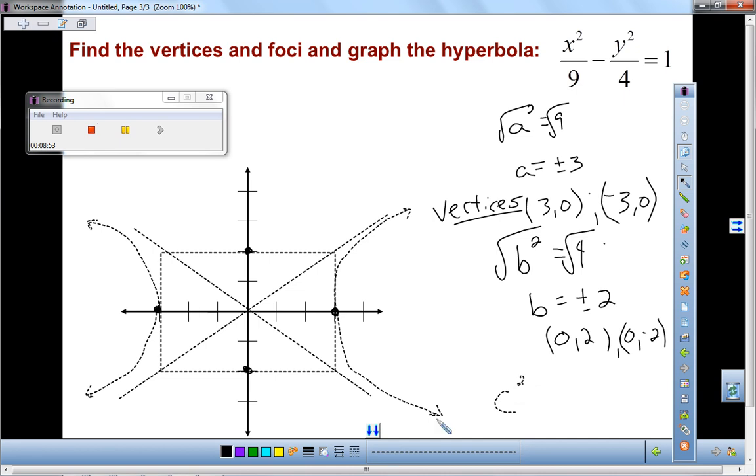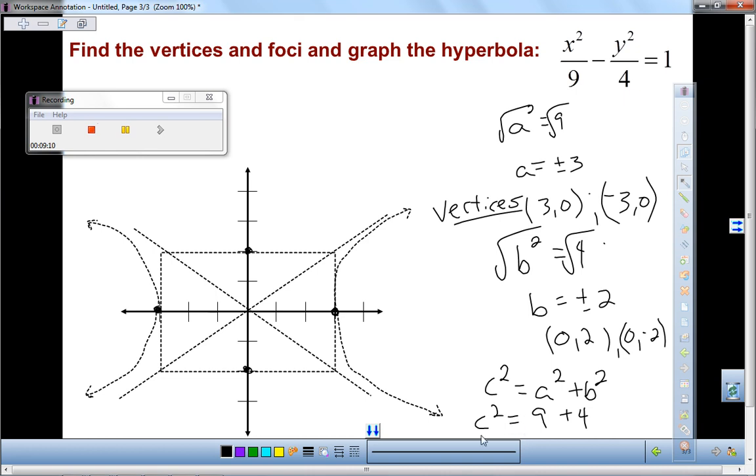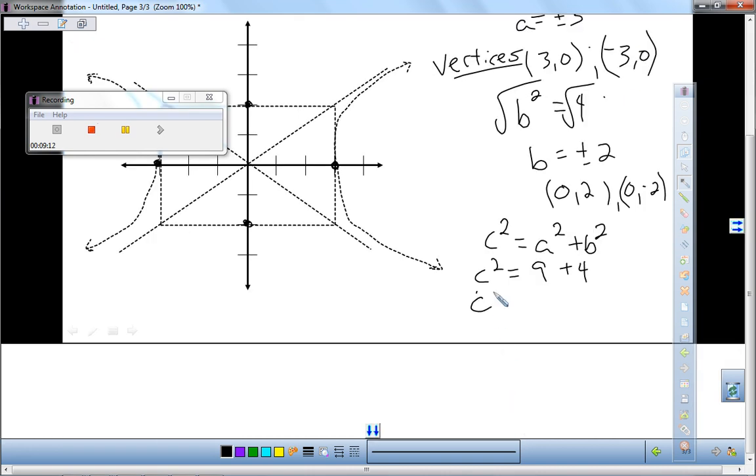Now, earlier I told you C squared is equal to A squared plus B squared with hyperbolas. So what we'll do is take the 9 and add the 4 to it, so that we end up with C squared is equal to 13. Take the square root, so C is equal to plus or minus square root of 13.